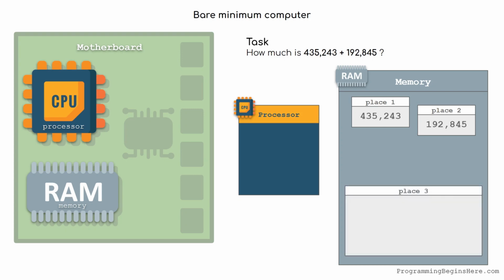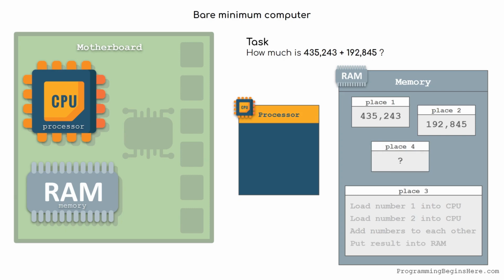Take a number from the first place in the RAM and load it into the CPU. Take the second number from another place in the RAM and also load it into the CPU. Add the numbers loaded into the CPU to each other and put the result back into some place in the RAM.